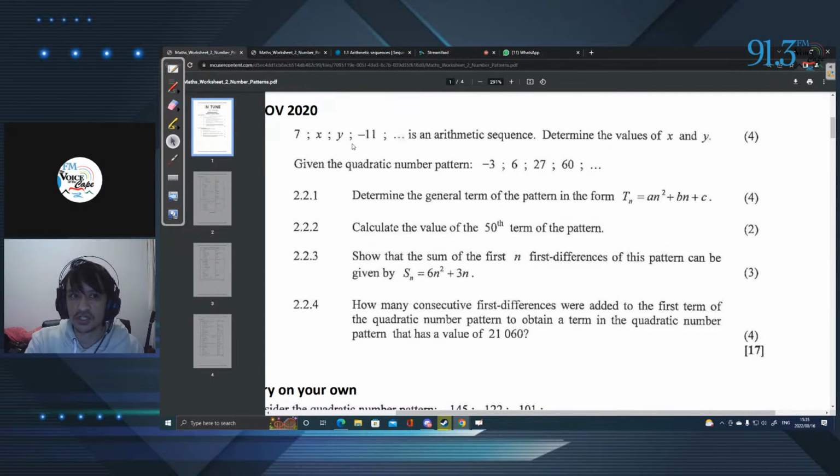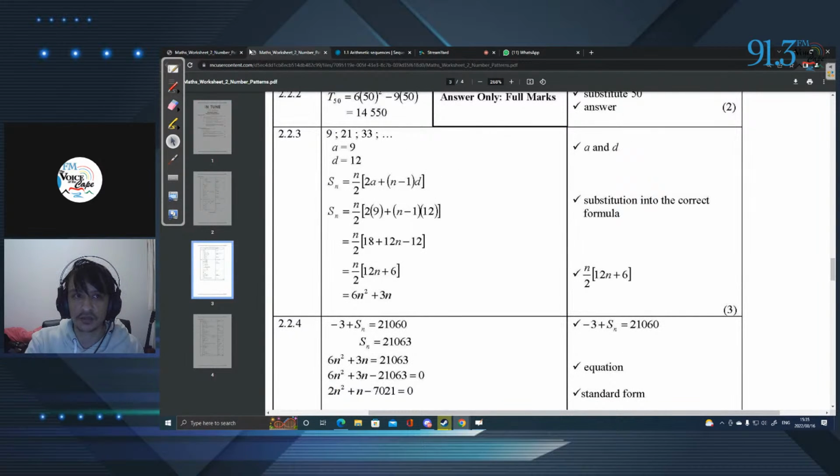We found this equation and we're going to end up using it. Okay, so if you look here, we've got 6n squared plus 3n, right? And here they got minus 3 plus Sn is equal to 21,060. So why did they say this?